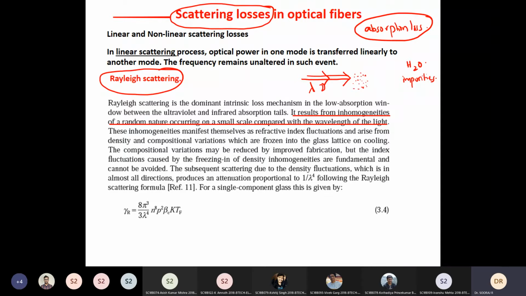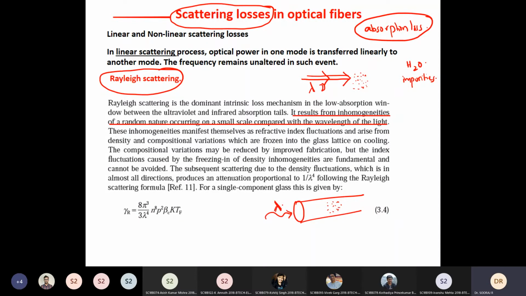So imagine you have an optical fiber through which a photon of wavelength lambda is propagating, and the core of this optical fiber has some inhomogeneities, much smaller than the wavelength of the light. In that case, this photon gets scattered, and that scattering is what is called Rayleigh scattering.